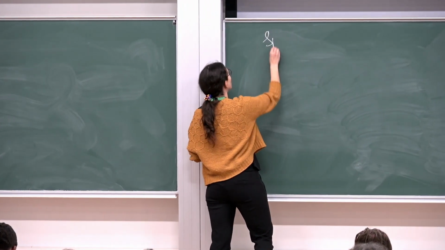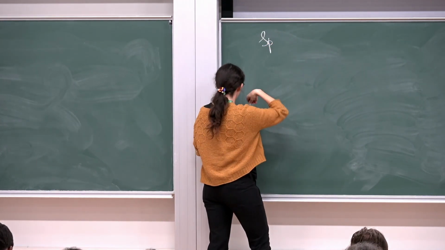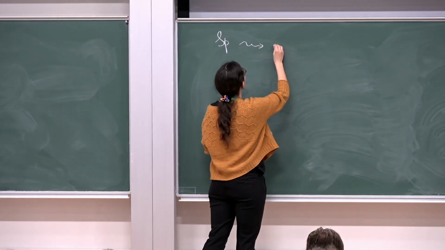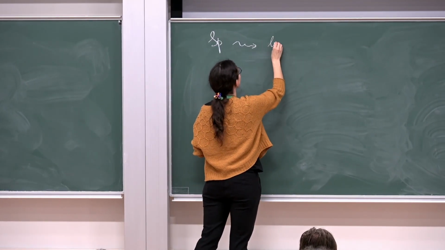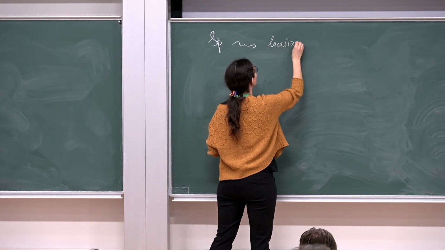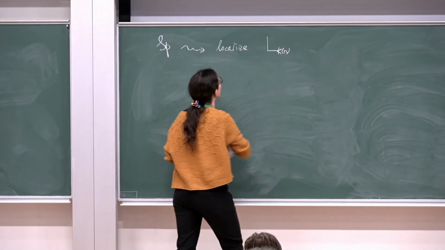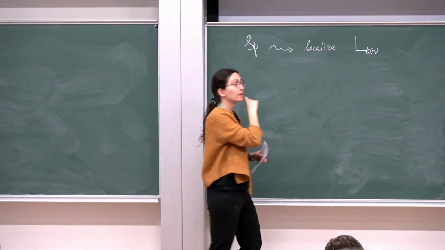So we take a category of spectra, and we look at these localizations. So let's pass through localization with respect to Kn.